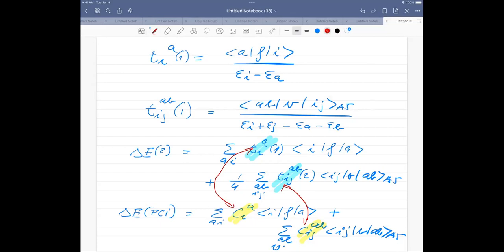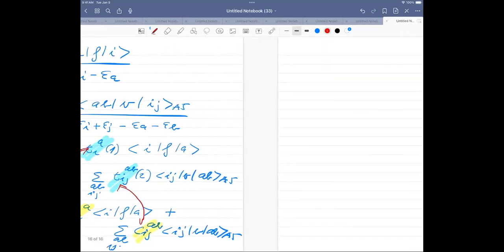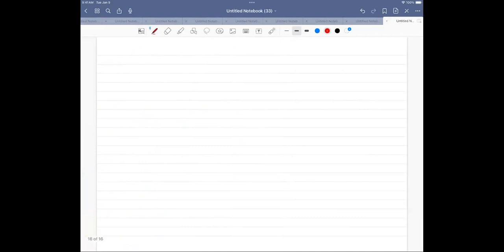Suppose now that we have a set of single particle states. Suppose that you have n equal 100 single particle states, and you have 10 particles. So we are going to distribute 10 particles in 100 single particle states.